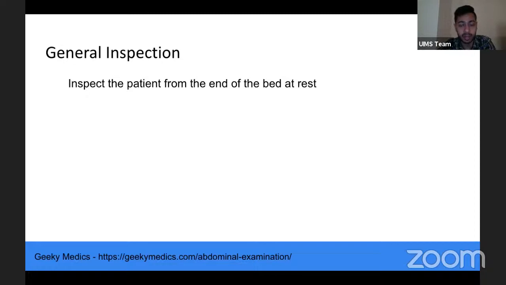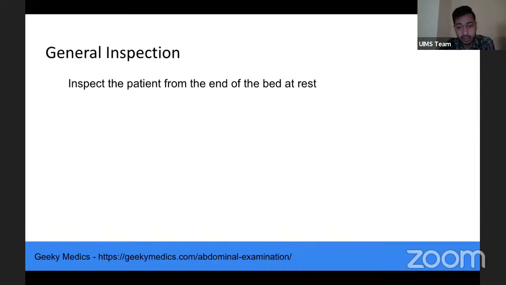For those of you who were there for our first neurological exam lecture, I did talk a little bit about mental awareness and the Glasgow Coma Scale. So the first thing is always to gauge how mentally aware the person is. Are they confused? In the context of the abdominal exam, confusion could be a really common feature of liver disease and hepatic encephalopathy as well.